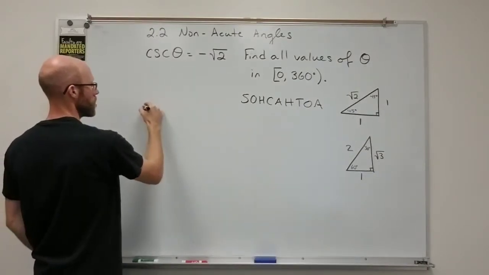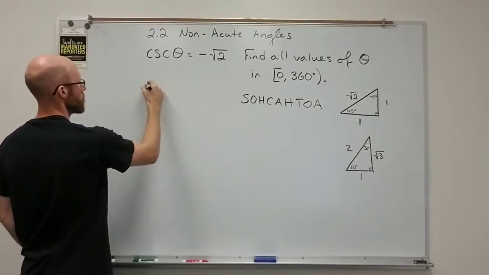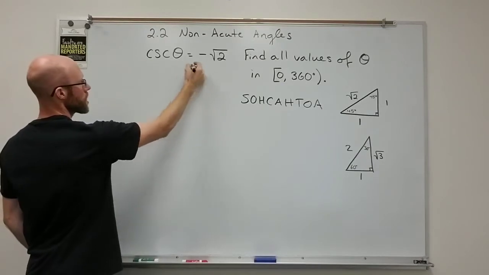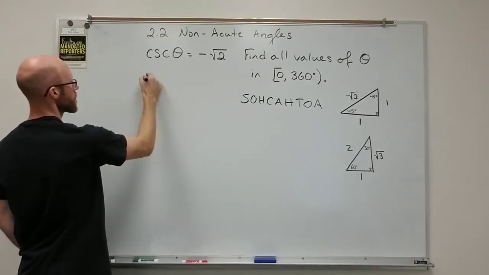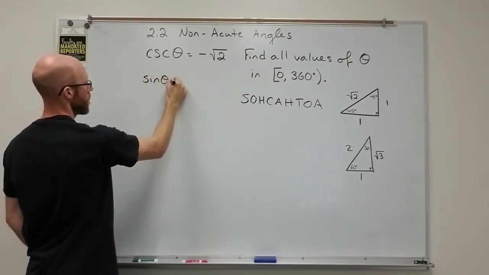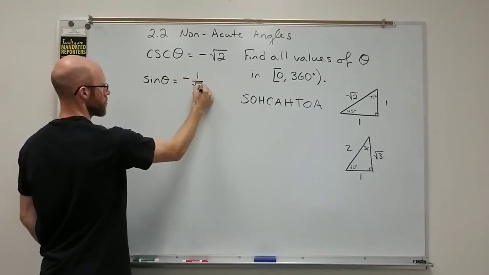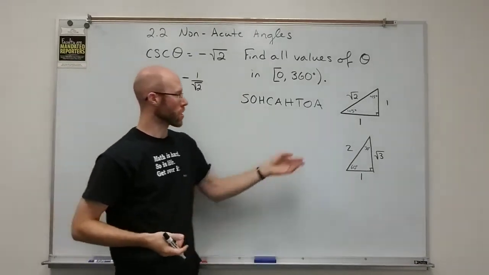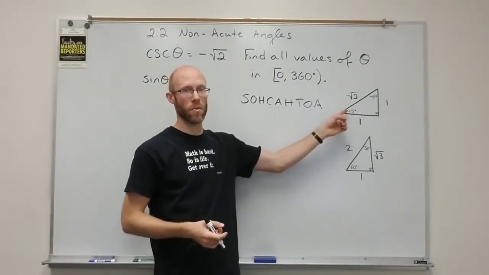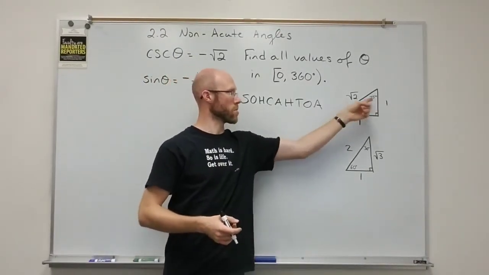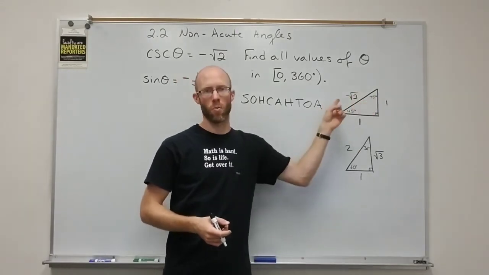So a cosecant being square root of 2 means that the sine is 1 over the square root of 2, which is what you would get on a 45-degree angle, right? So sine is opposite over hypotenuse, that's 1 over root 2.